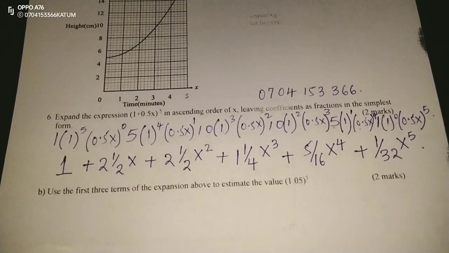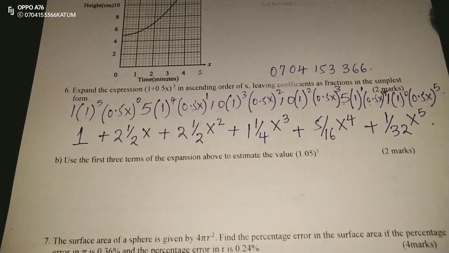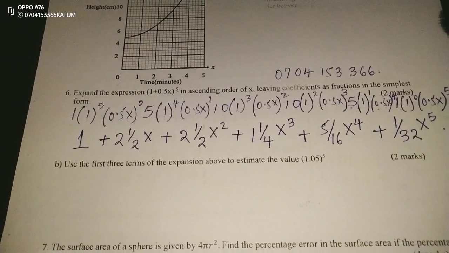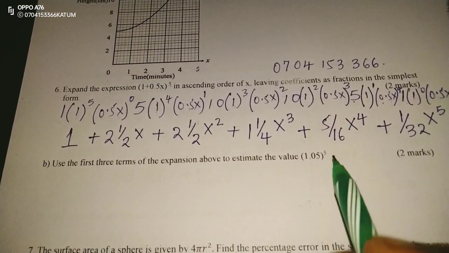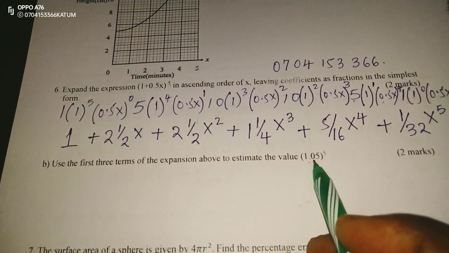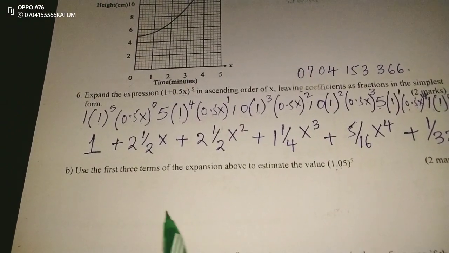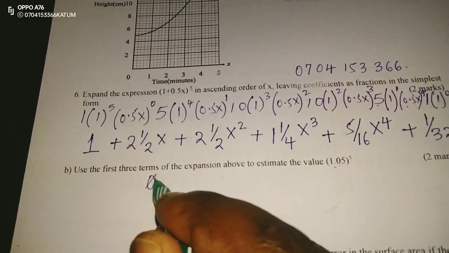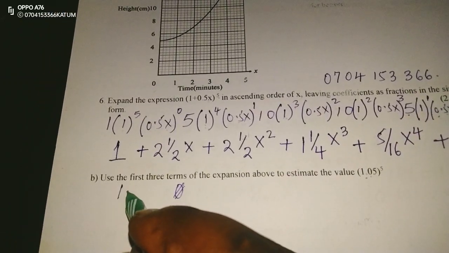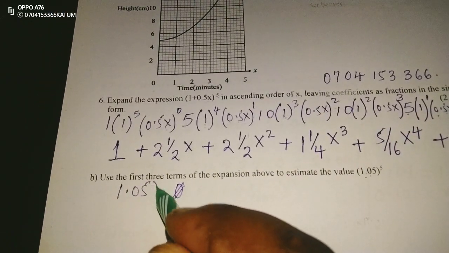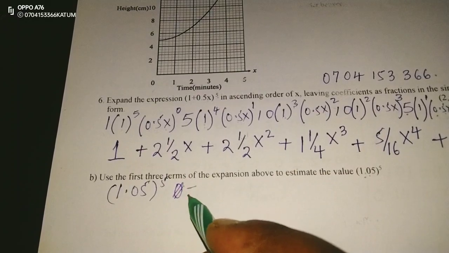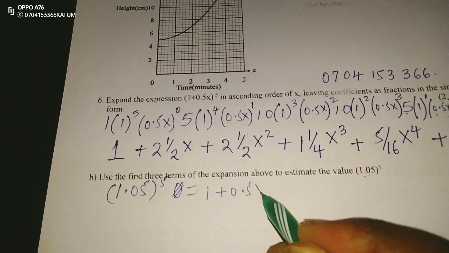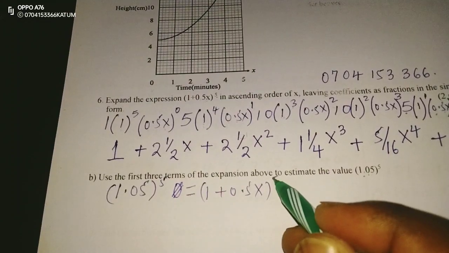And finally, we are to use the first three terms of the expansion above to estimate the value of 1.05 raised to power 5. So the first thing is to say 1.05 to power 5 equals (1 + 0.5x) to power 5.